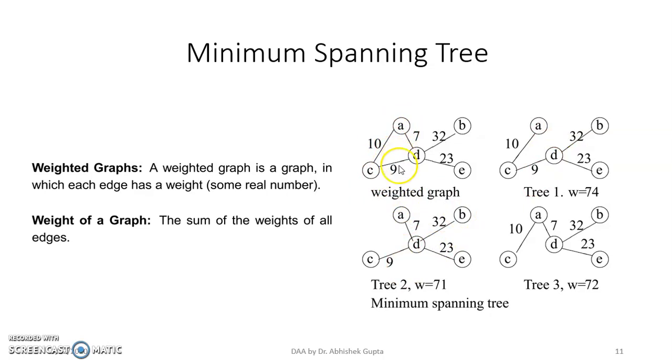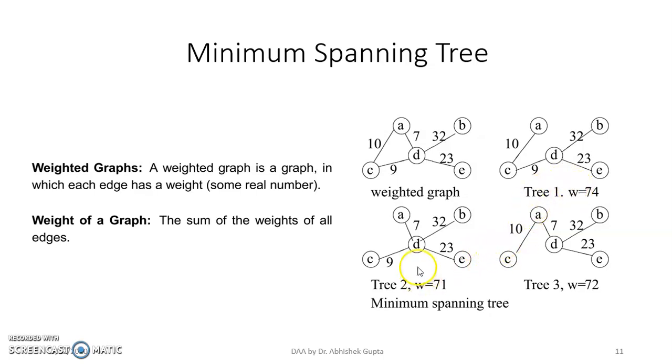Similarly, if I remove this edge, then this tree is there, right? So by removing a different edge, a different tree is there, and similarly I can count the weight. So here in this case, the weight will be 42, 52, 62, 70, something like 74, right? Similarly, this weight is 71 or 72. So if we are removing a different edge, the weight will be different, right?